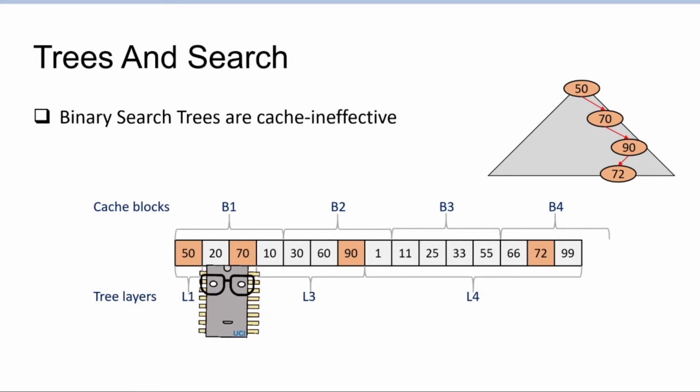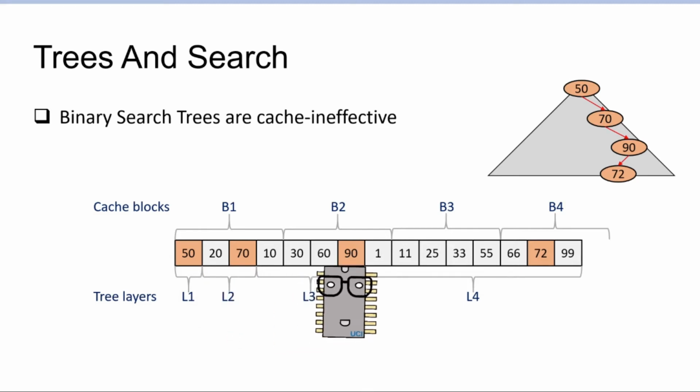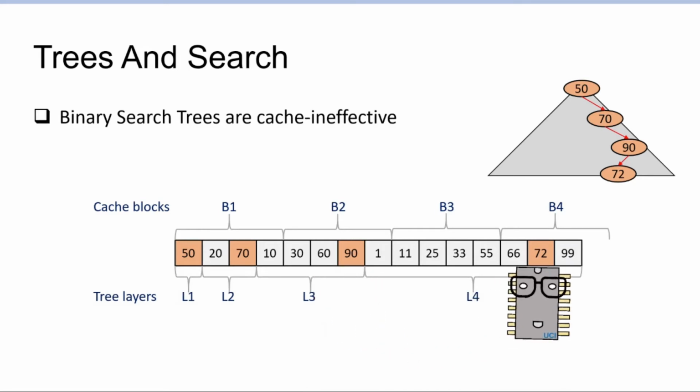But once we go down into bigger and bigger layers, every single access that we make as we traverse the tree, next it's 90, next is 70, hits a new cache line. So this becomes pretty much the same situation as when we were doing non-transposed naive matrix multiplication, where each element access results in a cache miss.